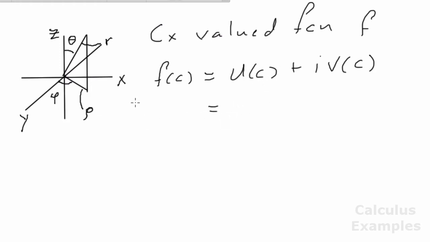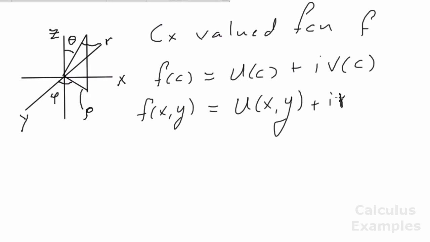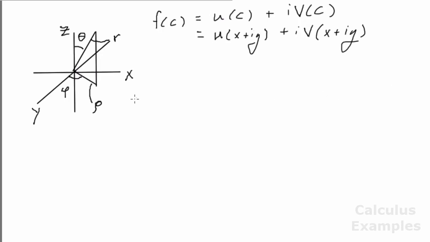Alternatively, we could write the same thing as f of x, y, with the real part as u of x, y plus I times v of x, y. Instead of writing a complex number, we can just write these tuples. They represent the same point in the complex plane. One last bit of review.